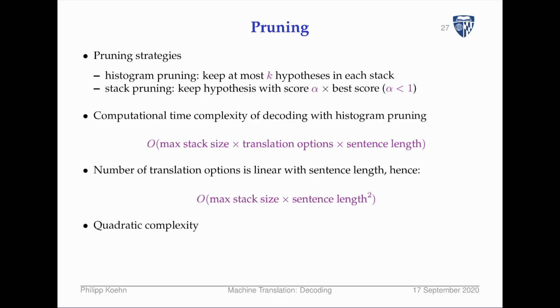Okay, here's the whole thing spelled out with a bit more math. So the different pruning strategies. One is histogram pruning. So what I just alluded to, we only keep k hypotheses in each stack. Another way is to say we're not going to keep hypotheses that are a factor alpha worse than the best score.